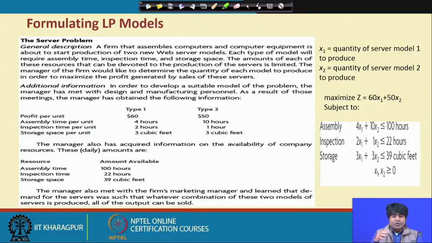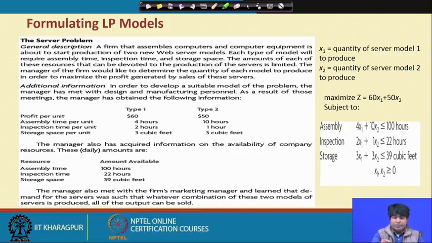So, that means this is a production problem again with respect to 2 variables, that is, 2 web server models, and the values of the decision variables will be represented as x1 and x2.